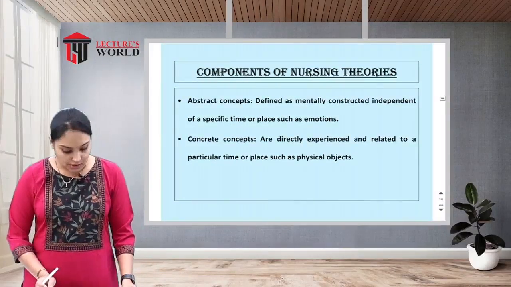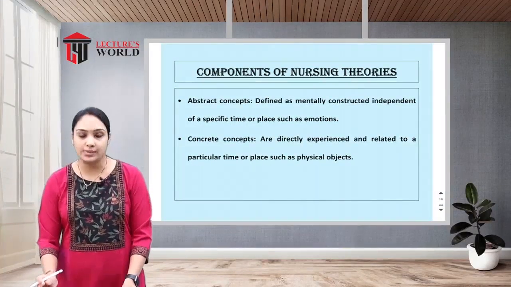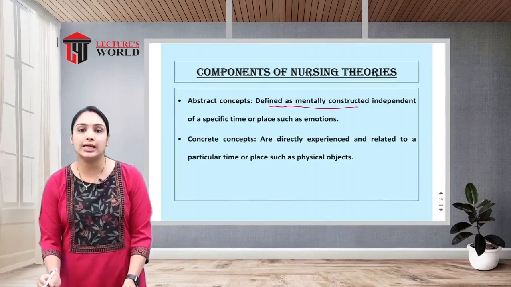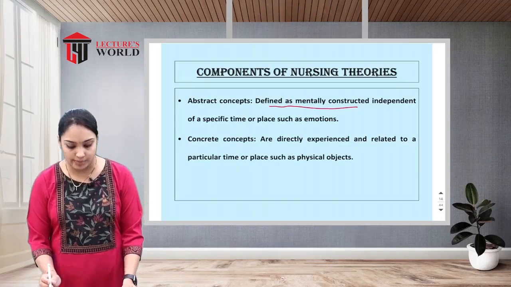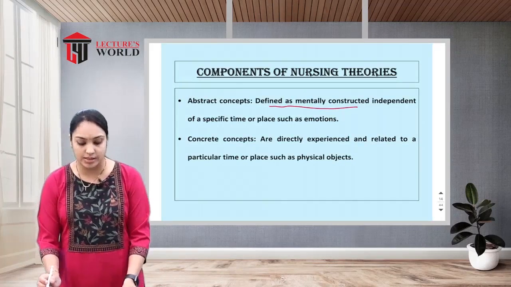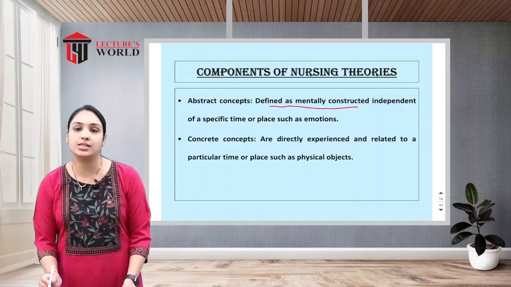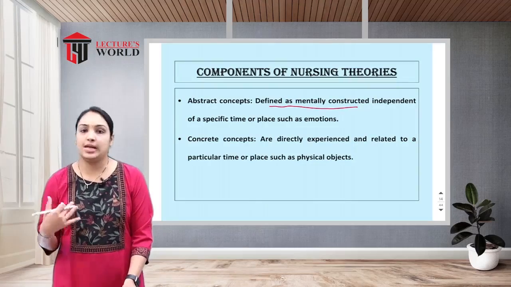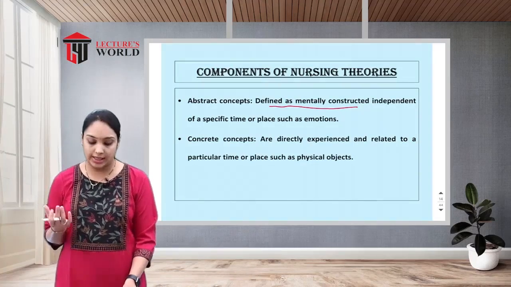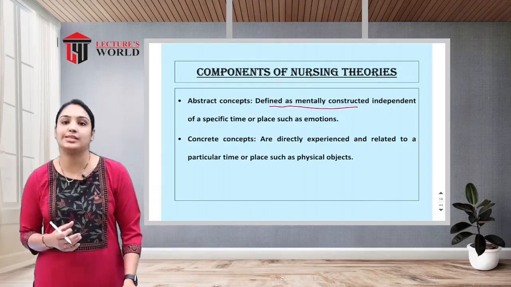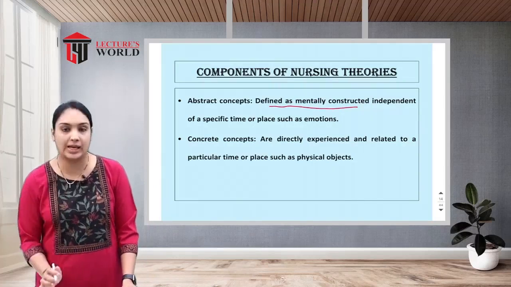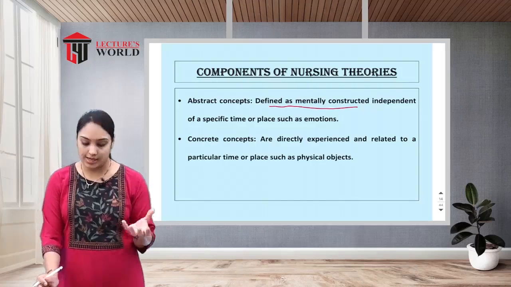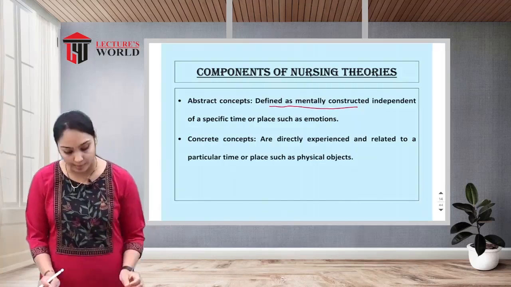Concepts can be abstract or concrete. What is an abstract concept? An abstract concept is defined as mentally constructed, independent of specific time or place, such as emotions. Emotions are mentally constructed, independent of specific time and place, so they are known as abstract concepts, constructed in our mind.